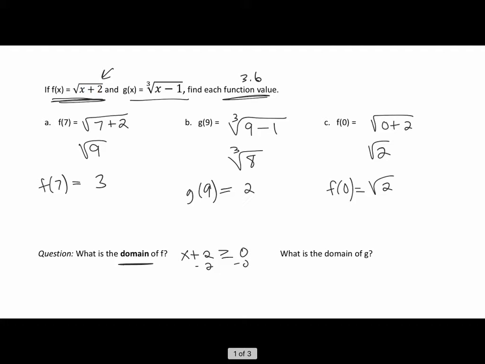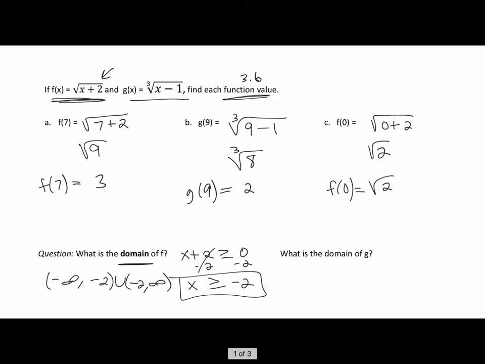But if we subtract 2, we find that when x is anything greater than or equal to -2, that's part of the domain, and anything other than that is not in the domain. So you can write that as an interval from -2 to positive infinity. That's the domain of the function f.